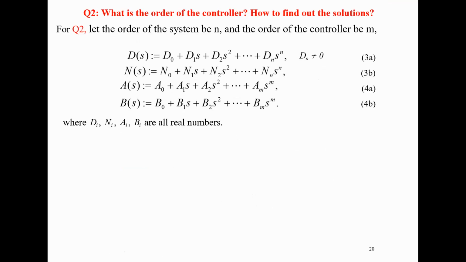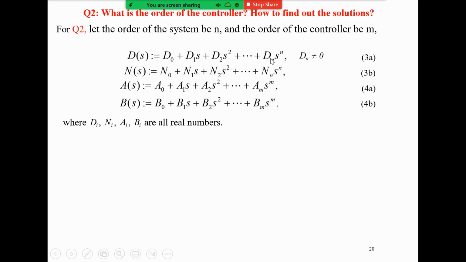Now, the second question we want to address is, what is the order of the controller such that we can find a solution? The answer to this question can be easily found by examining the number of design parameters and the number of equations we can get. So let the order of the system be n, which means the degree of these two polynomials is n.